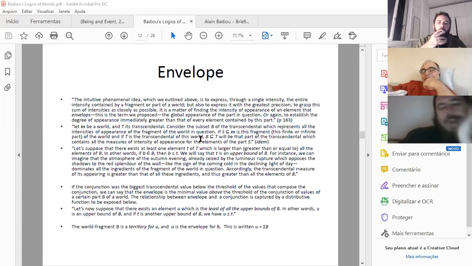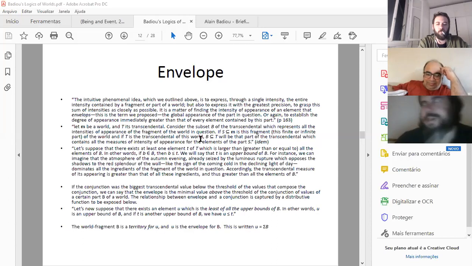I really like this one. I have a really big problem with the opera one. Every time he goes back to that opera example, I'm completely lost. I don't understand why the one is bigger than the other. I have no idea what he's talking about with the opera example.